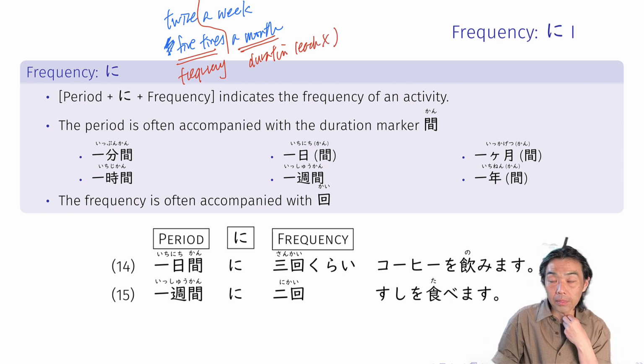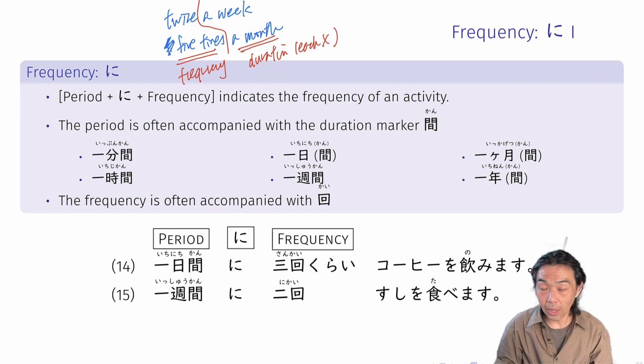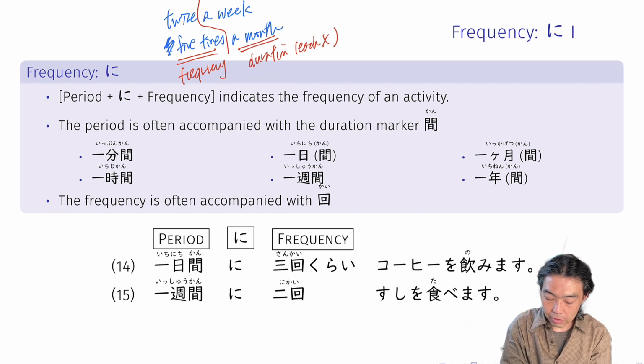The equivalent construction in Japanese also consists of frequency and duration. Like many other things, Japanese almost always works backwards when it comes to word order. In English, you say frequency first, followed by duration. In Japanese, as you predicted, the duration comes first and frequency is after.